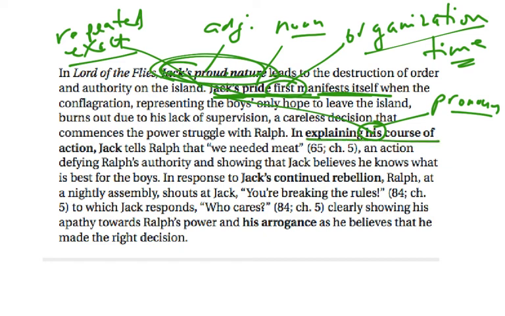His course of action, Jack. But notice we're still in green. We're still focusing on Jack in the topic string. And notice in this fourth sentence, in response to Jack's continued rebellion, this is still green.